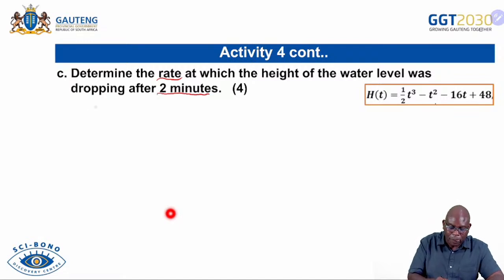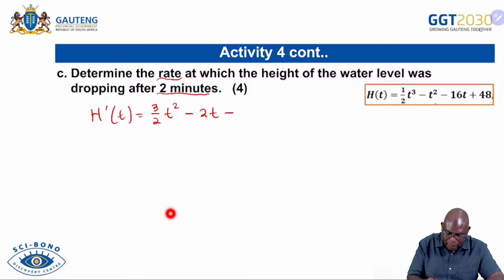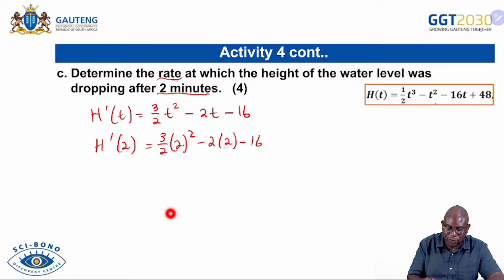So when I differentiate this, I'm going to get 3 over 2 t squared minus 2t minus 16. But they say after 2 minutes, so I must substitute t by 2. I'm going to get 3 over 2 times 2 squared minus 2 times 2 minus 16, of which if I work it out, I'm going to get negative 14 centimeters per minute.